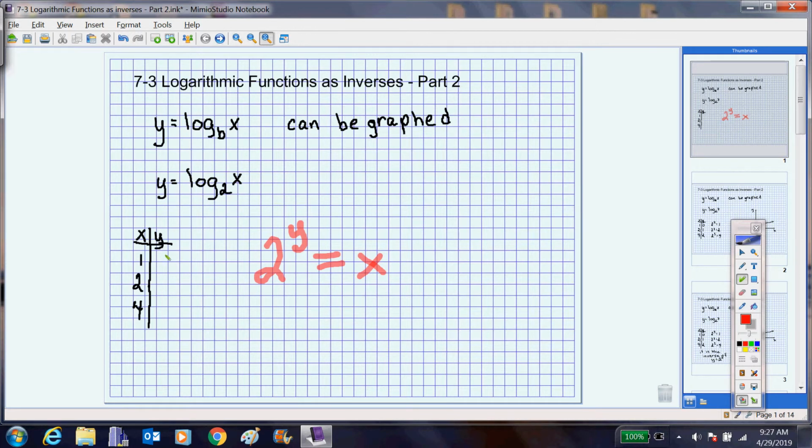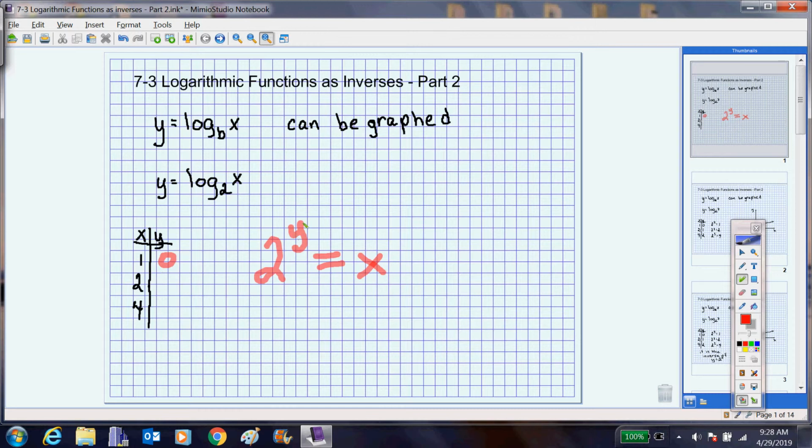So what that means is we need to figure out here in this chart, 2 to what power equals 1? Actually, 0, yes, not negative 0, but 0 actually is the answer. Because 2 to the 0 power does equal 1.